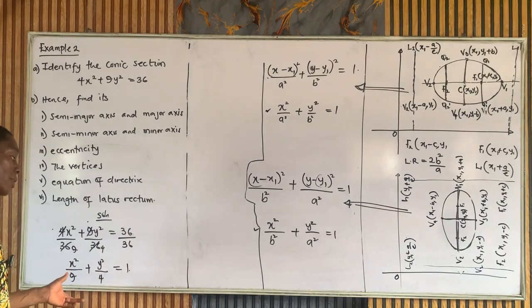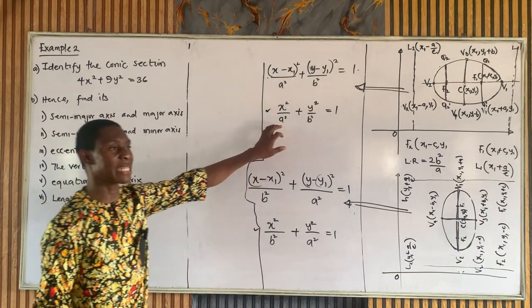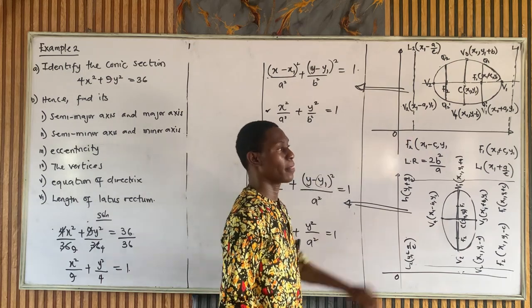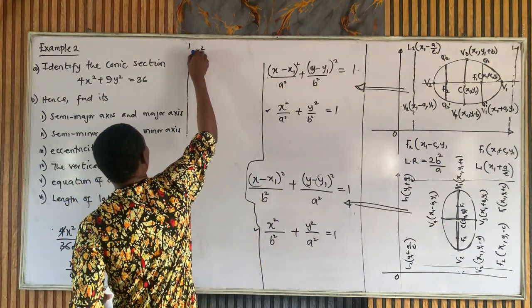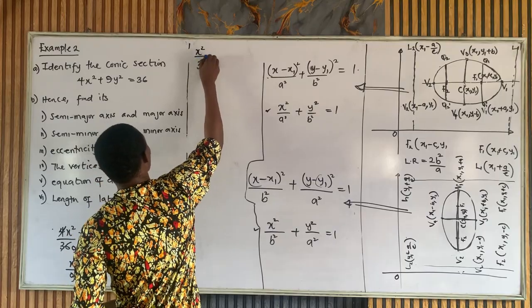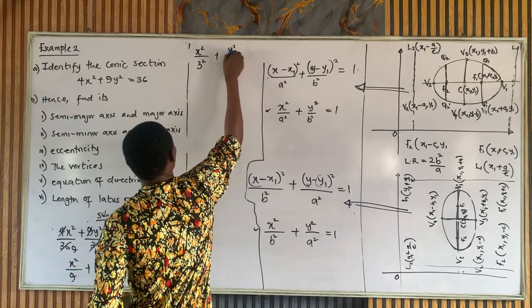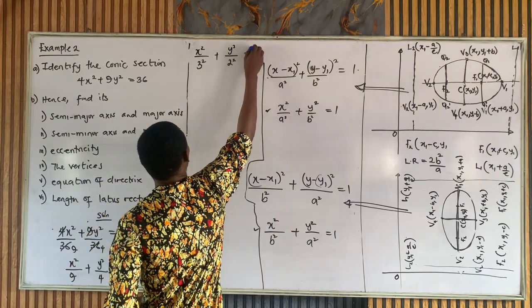For a hyperbola we would have a minus. Well, now what type of ellipse is it? Since the higher denominator falls under the x, it's of this first type, with the origin at 0. We can write this again as x squared over 3 squared plus y squared over 2 squared is equal to 1.